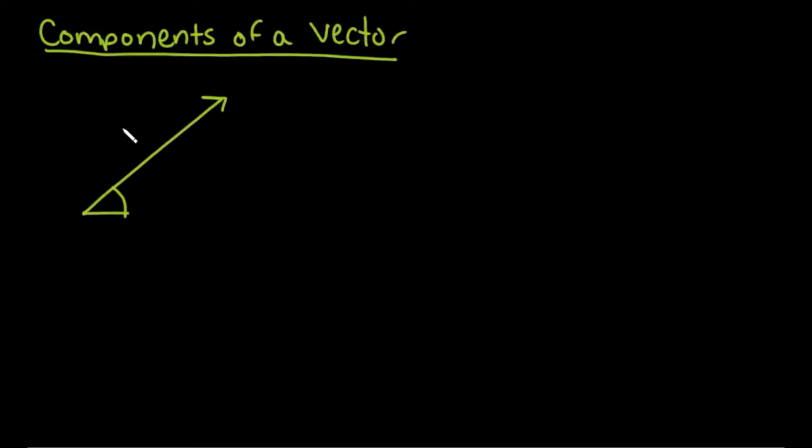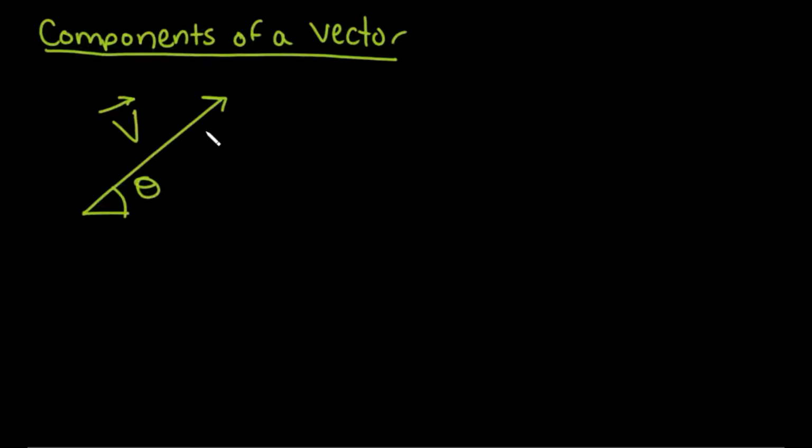So this is my vector. I'm going to call it V, and when I write this, I actually want to put an arrow overhead like that. This tells me that this is a vector quantity. And then I'm going to call this angle in here theta.